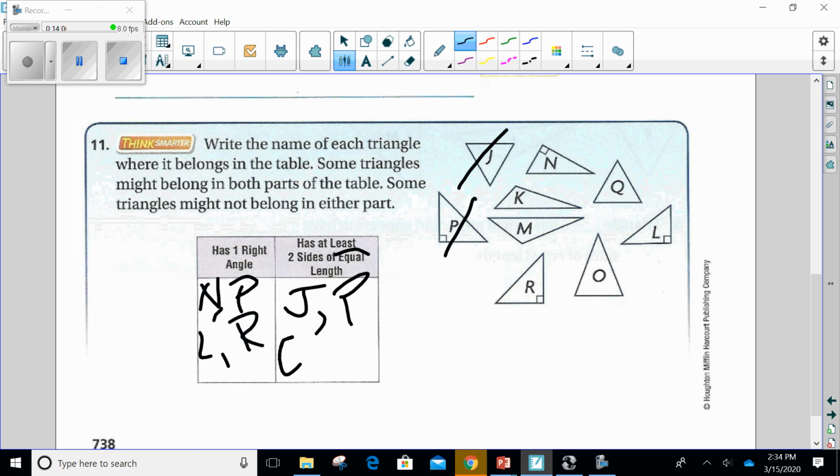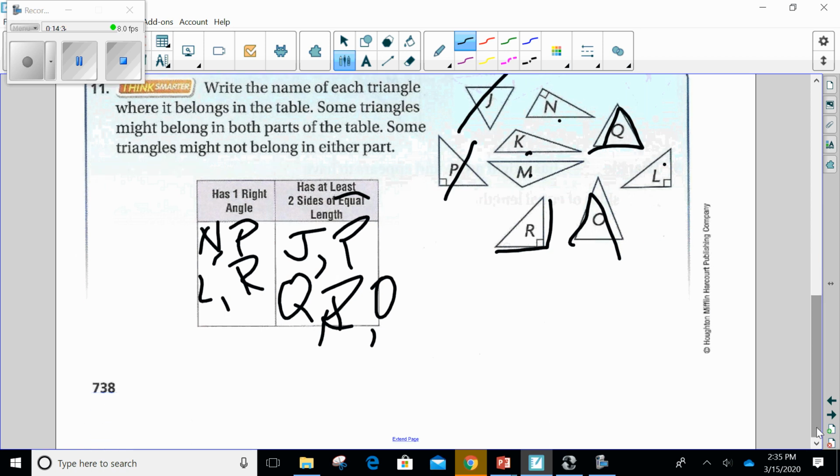Q does. They have three that are the same. I'd say R does. I'd say O does. I think that's about it. All of these other ones look like they're scalenes. I know it can be tricky sometimes to tell, but you try your best.